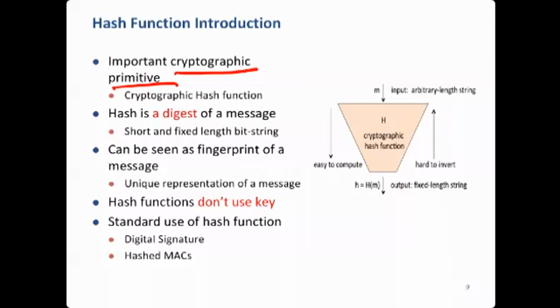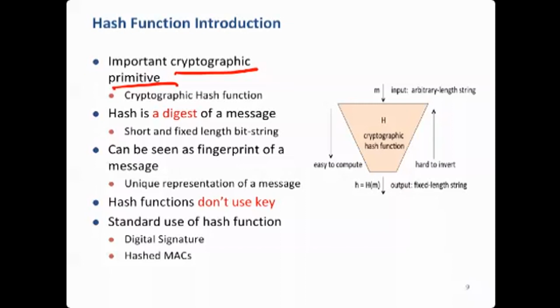But the output of this hash function is always a string of fixed size, and this fixed size depends on the algorithm, whether it's 128 or 256 or something like that. We call this the hash of the input string, or the digest of a message.